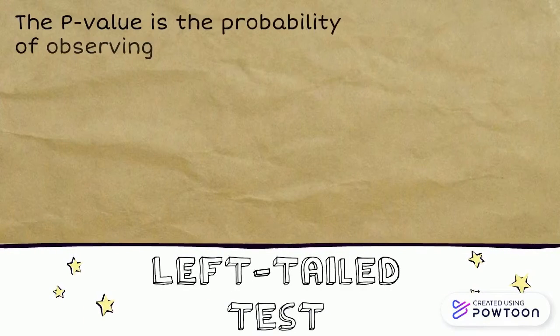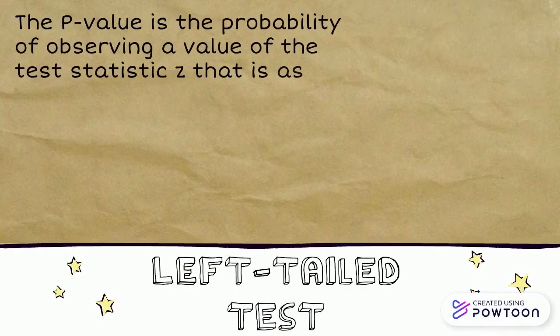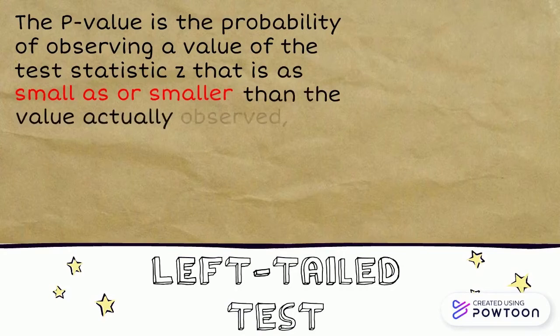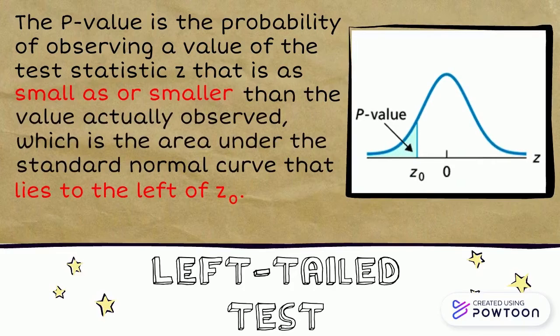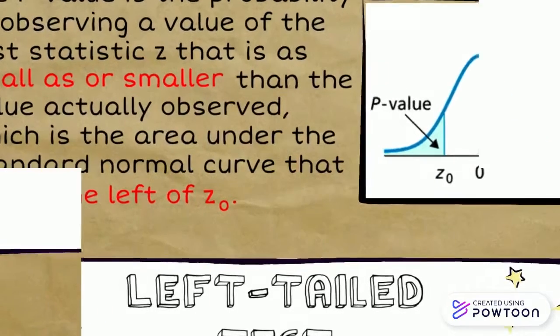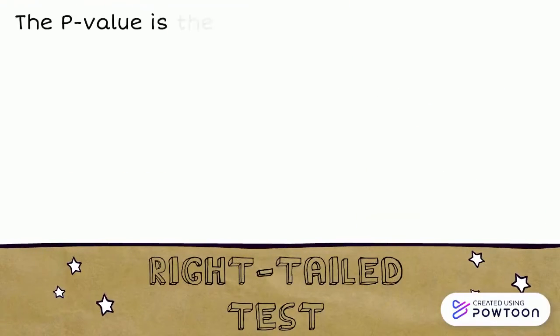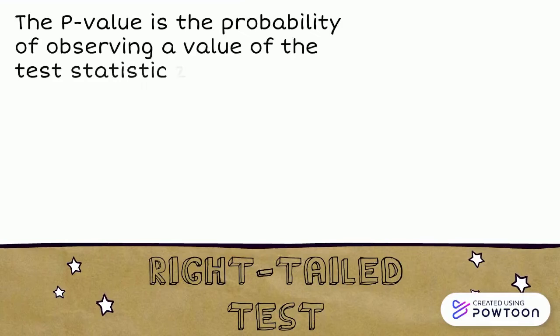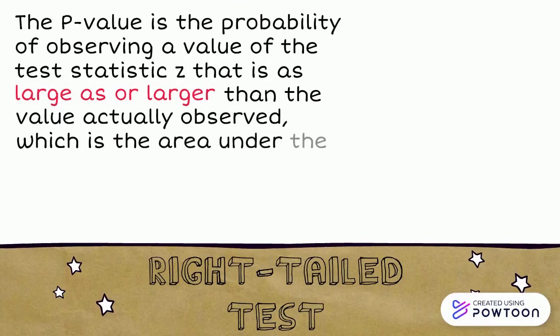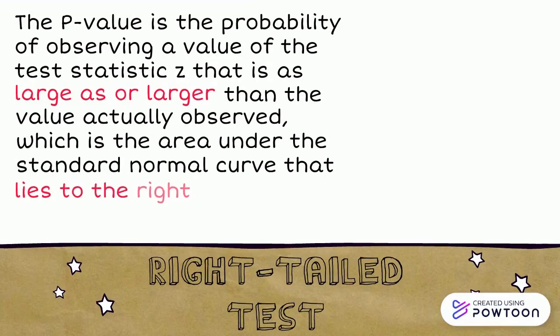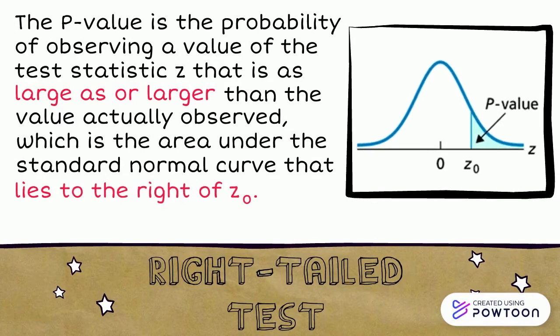The p-value is the probability of observing a value of the test statistic Z that is as small as or smaller than the value actually observed, which is the area under the standard normal curve that lies to the left of Z. Last, right-tailed test. The p-value is the probability of observing a value of the test statistic Z that is as large as or larger than the value actually observed, which is the area under the standard normal curve that lies to the right of Z.